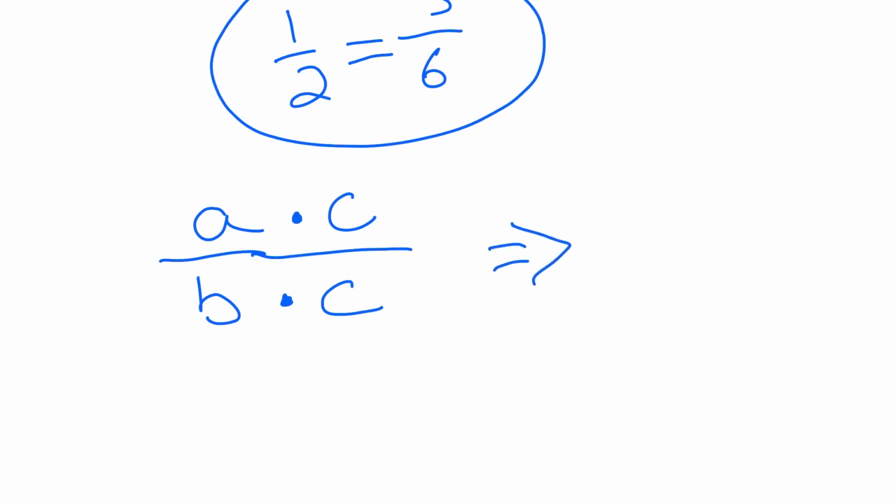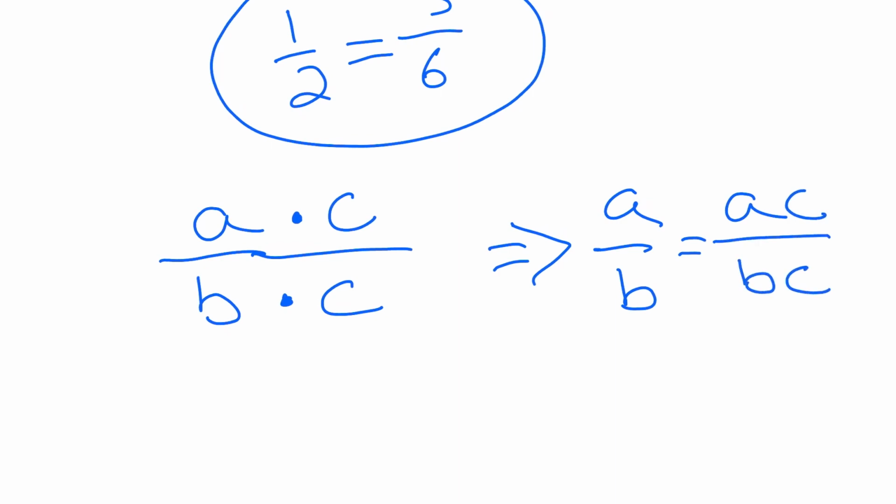Why would we start including letters in math? I mean, math is numbers. Well, if we can do it with letters, then we can do it with any number. So I can multiply top and bottom by the same value and get an equivalent fraction. I can divide top and bottom by the same number and get an equivalent fraction. And that's a rule we have in math. So that helps us find equivalent fractions, and it helps us simplify fractions.